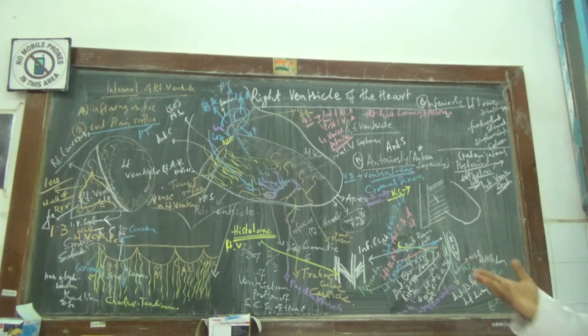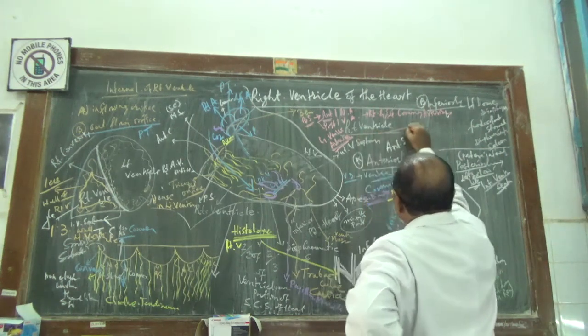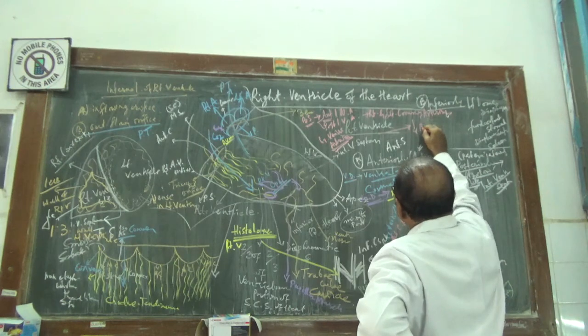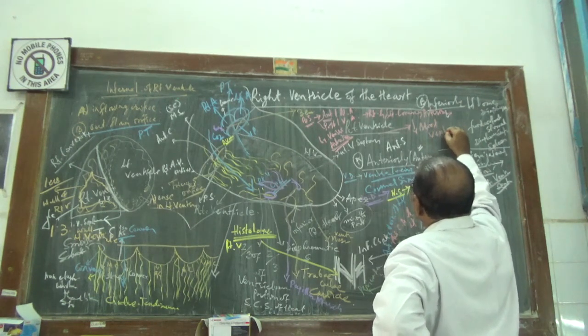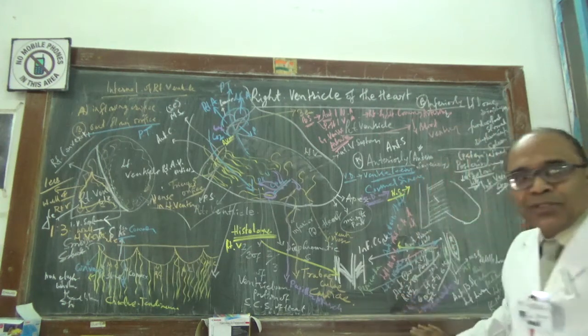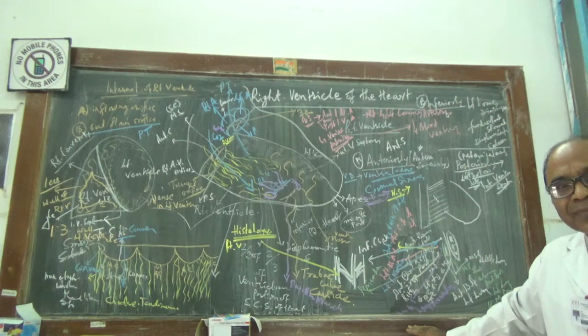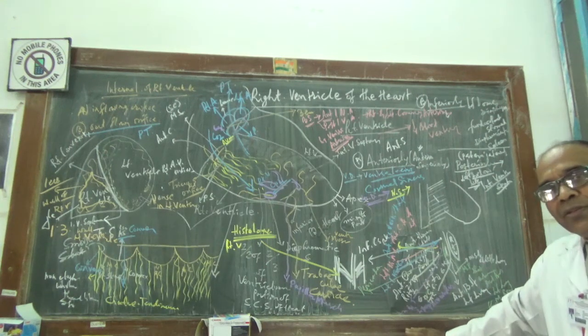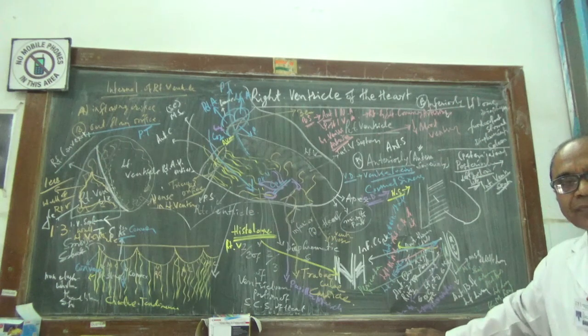Sometimes there will be less blood to the right ventricle. That is called ventricular insufficiency, cardiac insufficiency. That is the part you will get. There you will get the venous congestions.